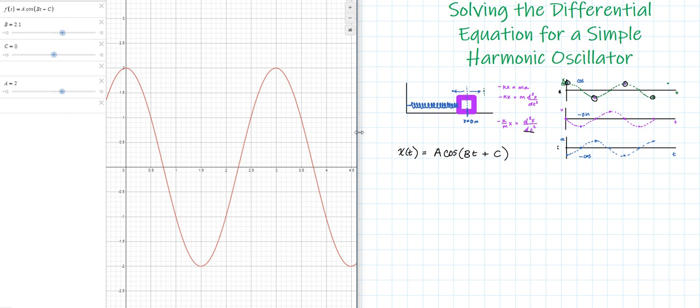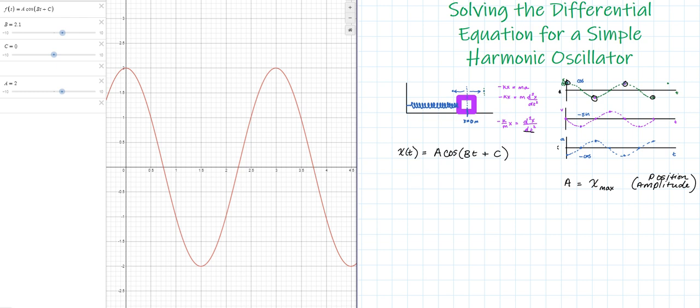So we could say here that the constant A is in fact x maximum. It's the amplitude, the position amplitude, we should say. So the position amplitude will give us what A is.